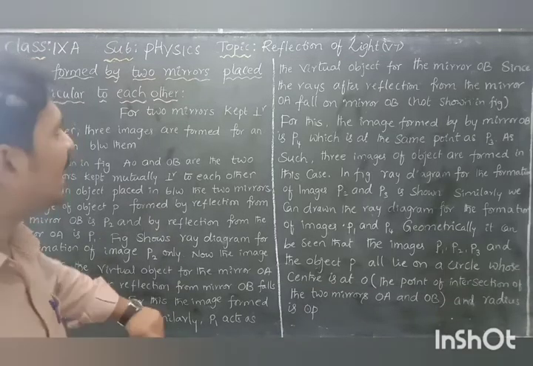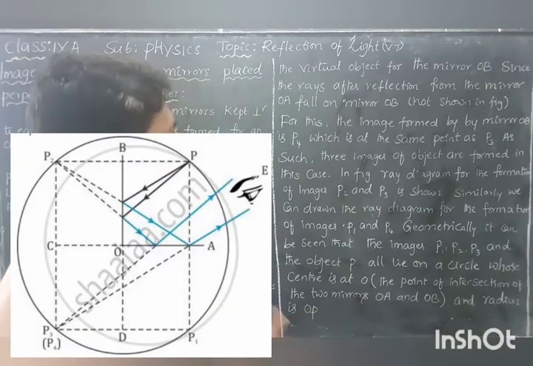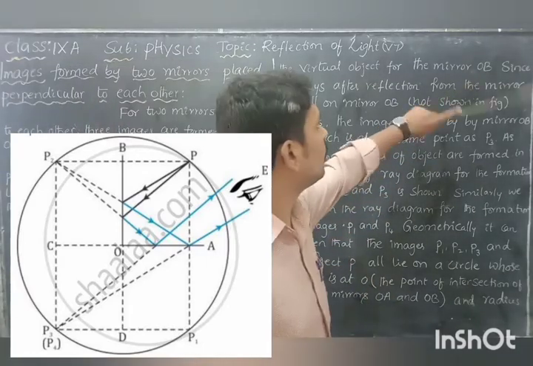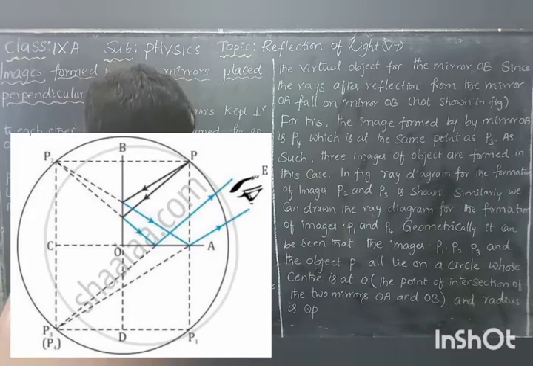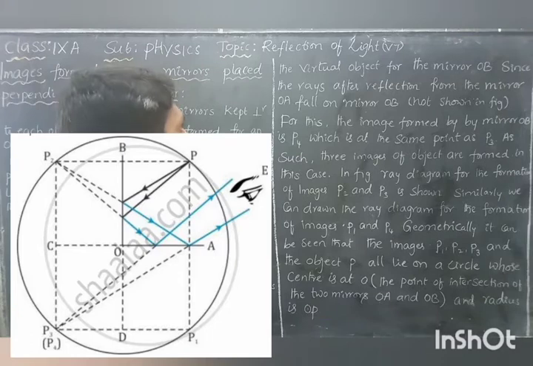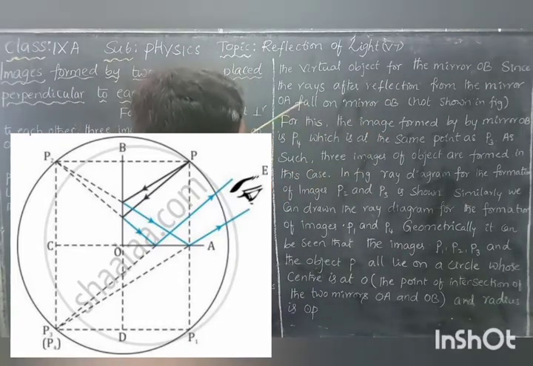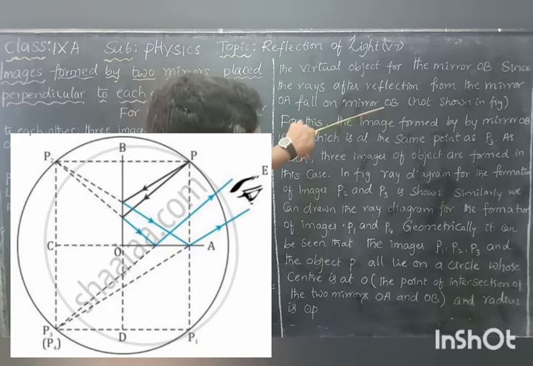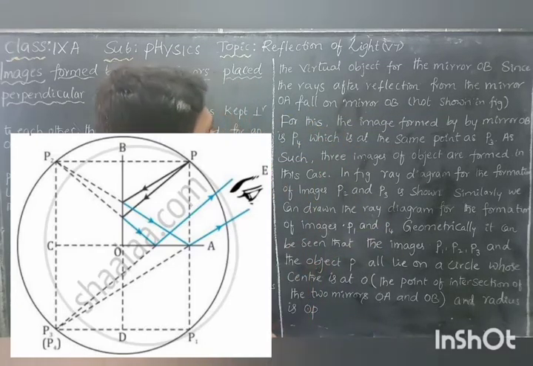Similarly, P1 acts as a virtual object for the mirror OB. With respect to the second mirror OB, the image is formed, since the rays after reflection from the mirror OA fall on the mirror OB, not shown in the figure, because we are representing only one image.